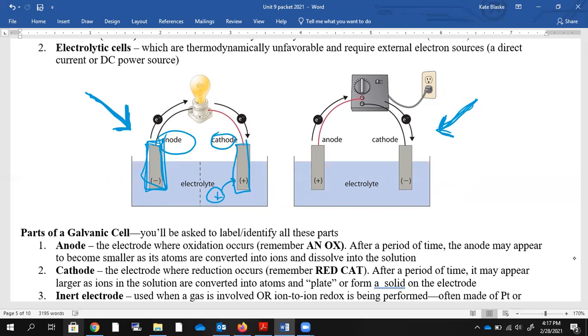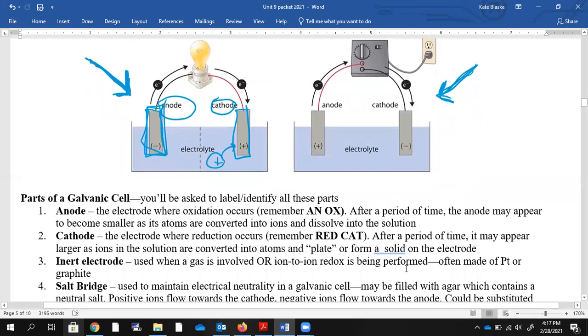So in that case, we want an electrode that's not necessarily going to interact with what's going on. Our electrodes could be made out of platinum, or graphite, carbon. That happens a lot because those are not going to actually take part in the reaction, but they will still provide that location for the oxidation or the reduction to occur.